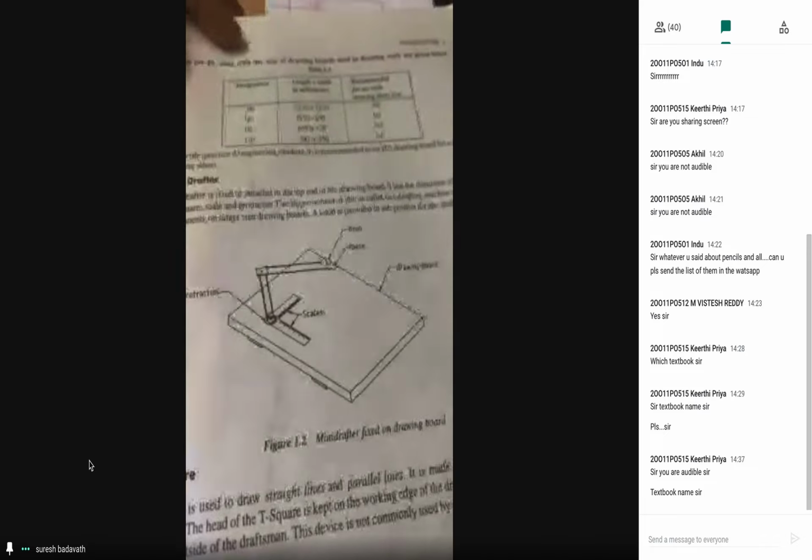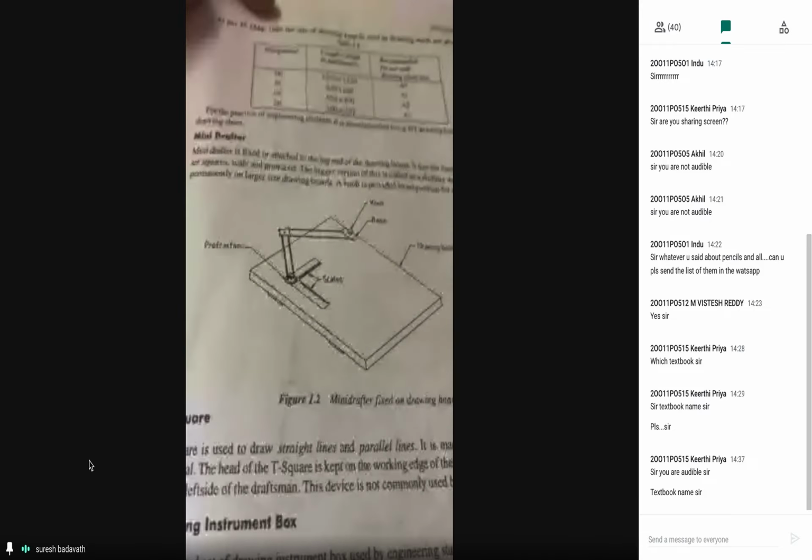The mini drafter is fixed on the drawing board. Drawing board can be used there.